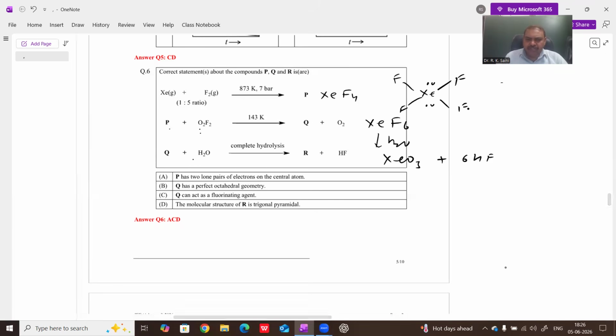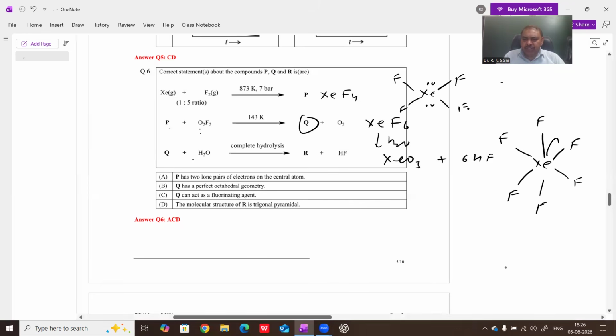It is incorrect because Q is XeF6, which has distorted octahedral geometry, or capped octahedron, because 1 lone pair of electrons is present on xenon. Therefore, it is the incorrect statement.